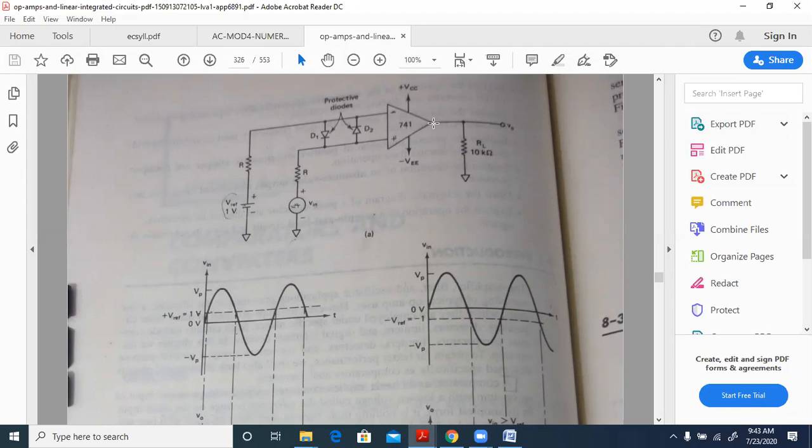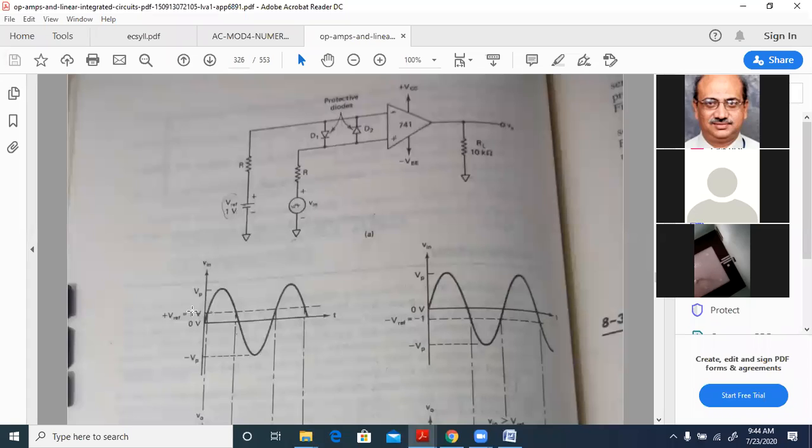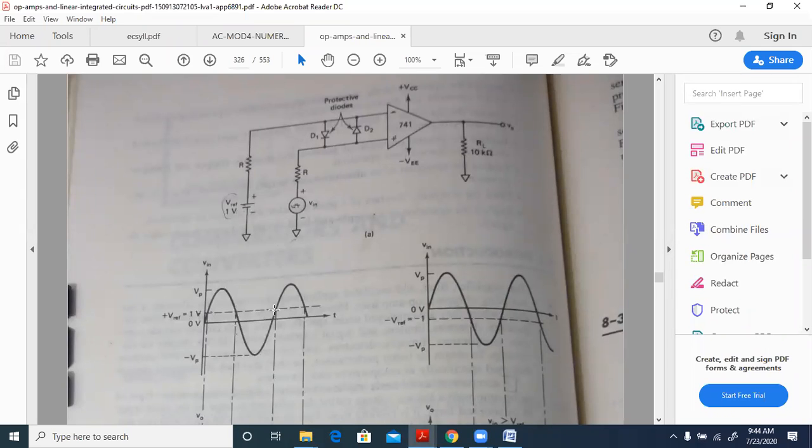So in this figure, he has taken the peak-to-peak value of Vin to be 8 volts, and the reference value to be 1 volt. Peak-to-peak is 8 because this might be 4 and this might be 4. 4 plus 4 becomes 8, and the reference value is 1.